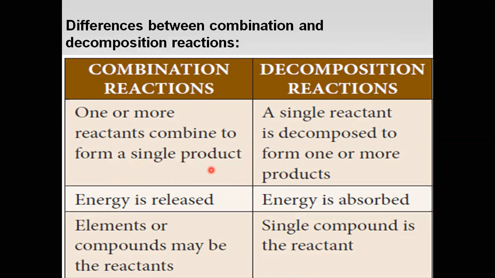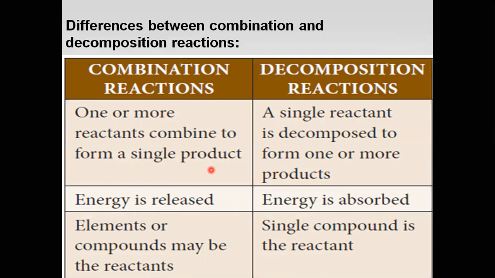But in a decomposition reaction, a single reactant is decomposed to form one or more products. In combination reactions, elements or compounds may be the reactants, but in decomposition only a compound is the reactant, which is broken down into elements. These are the differences between combination and decomposition reactions.